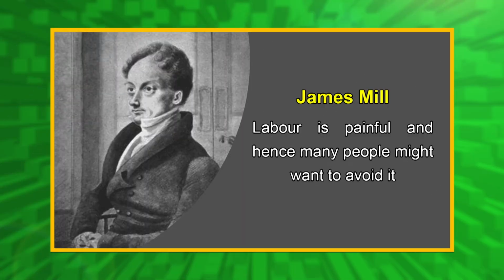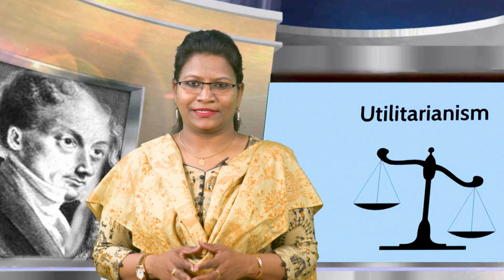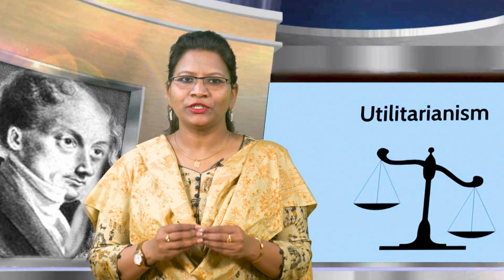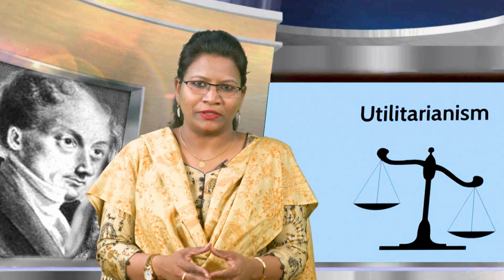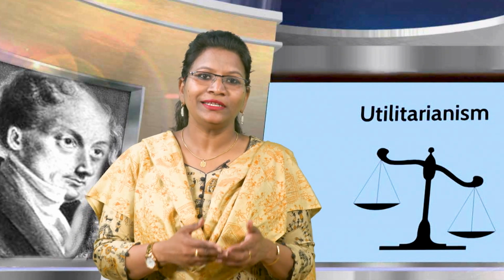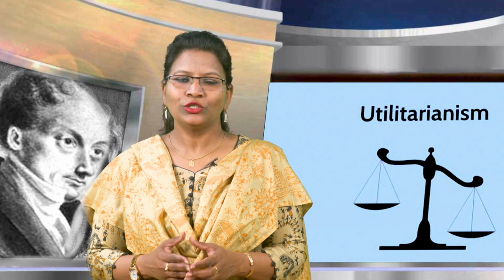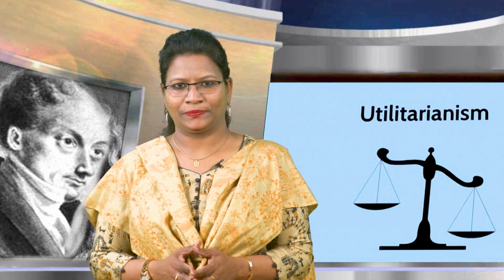Yet, James Mill noted a paradox here. He argued that labor is painful and hence many people might want to avoid it. Hence, given a chance, many human beings will try to avoid the pain of labor by exploiting the other people's labor to gain happiness for free.